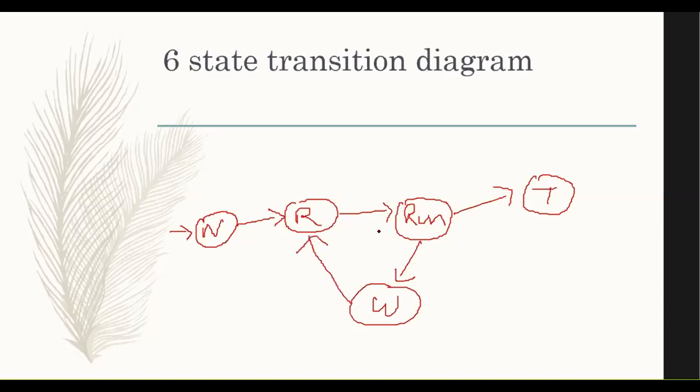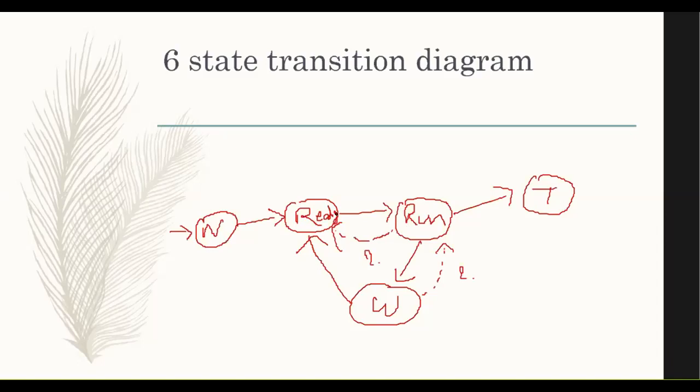Now the question was that there are two arrows. One, do we require this arrow? Second, can we have an arrow here? So these are the questions. Let's pick them one by one: can we move directly from running to ready state? Yes, we can move a process from running to ready state.